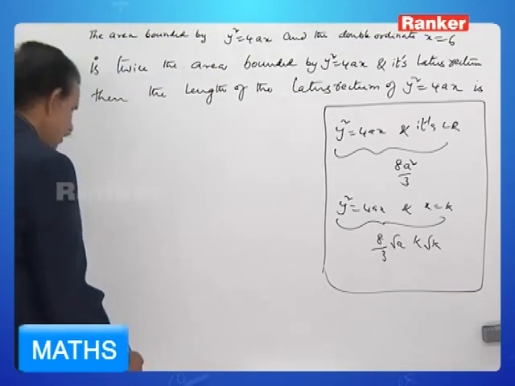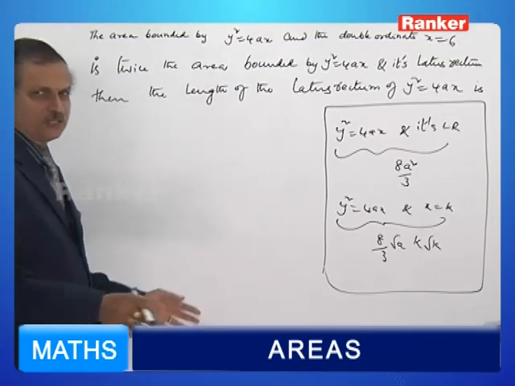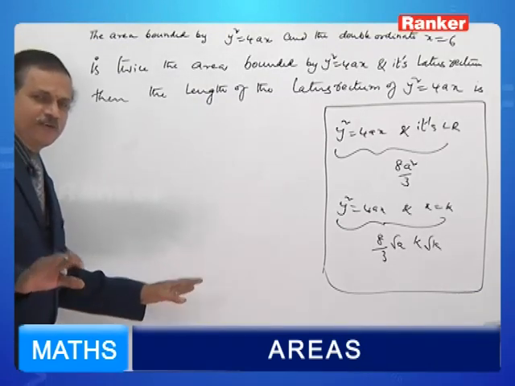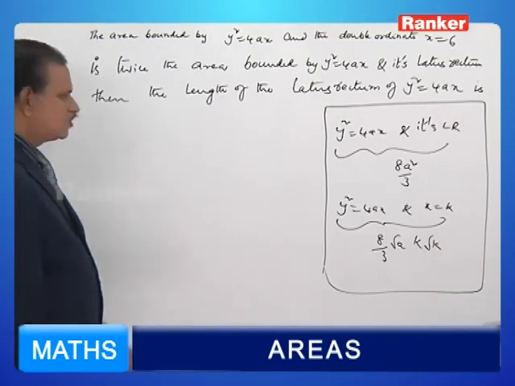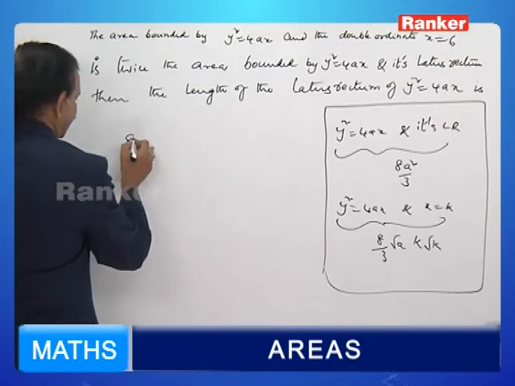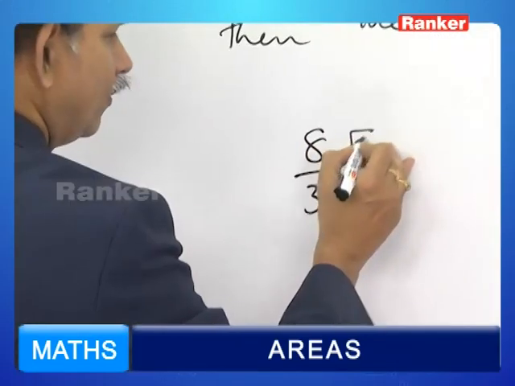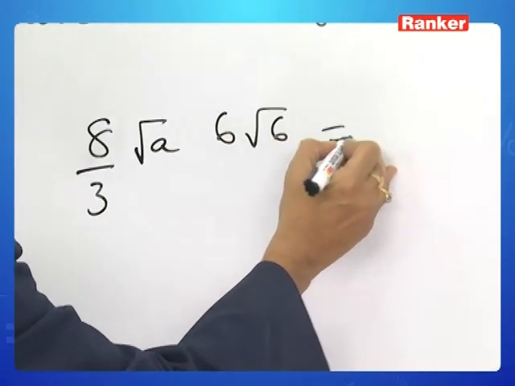So in the second formula, in the place of k, we have 6. Therefore, without drawing any graph, without finding any point of intersection, without finding any limits of integration, no question of using integration, we shall use directly these two answers. That answer is 8 by 3 into root a into k root k, which means 6 root 6. Am I right?